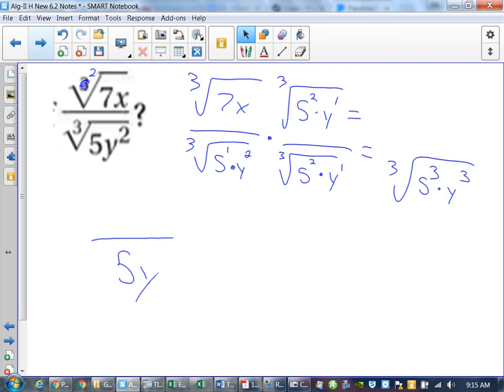Now, how much money is 7 quarters? It's $1.75, isn't it? Because 5 squared is 25, and 25 is a quarter, right? If you have 7 quarters, you have $1.75.